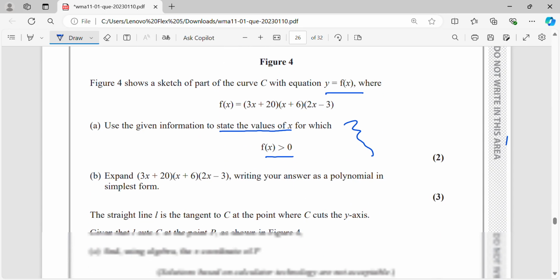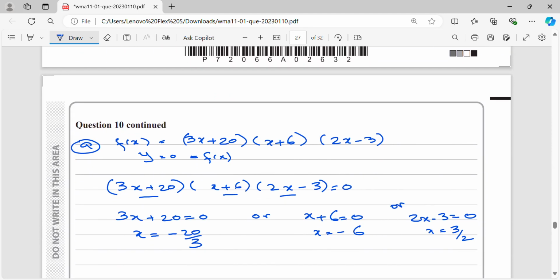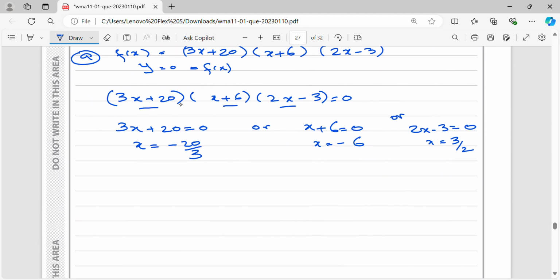So how do we write it in terms of x? We can write it as x is less than minus 6 and greater than negative 20 over 3, or x is greater than 3 over 2.